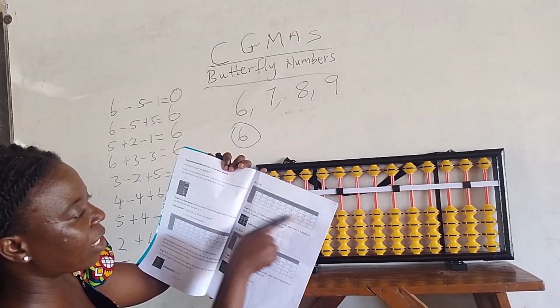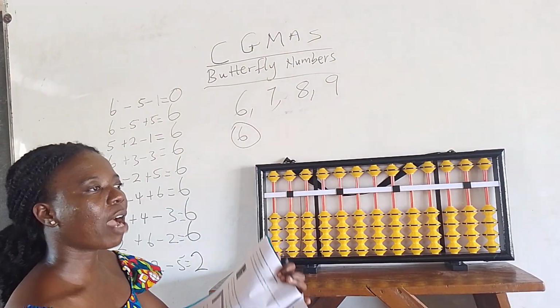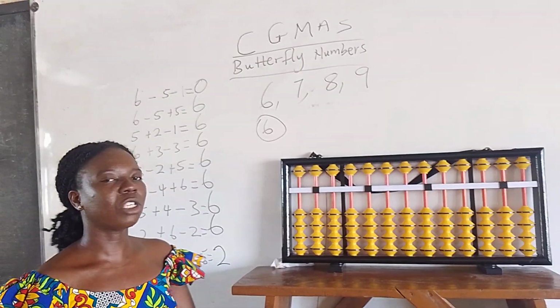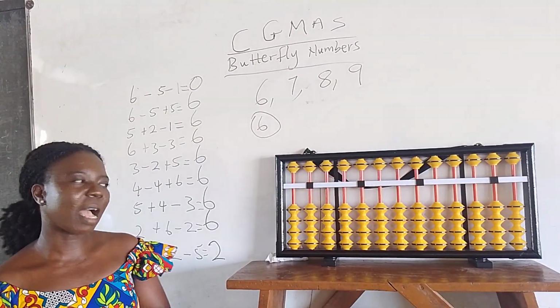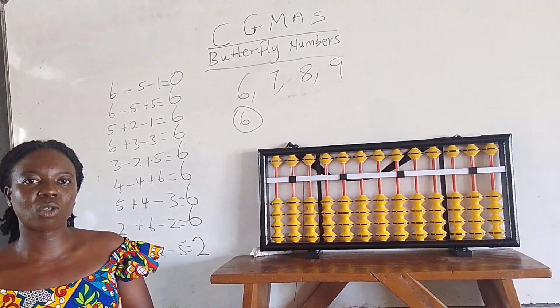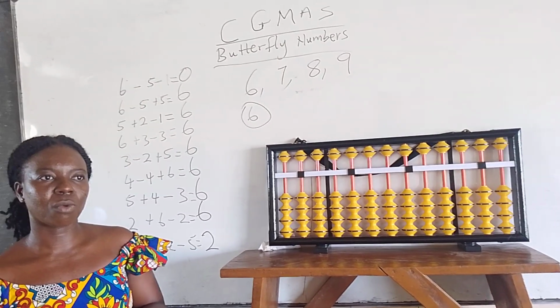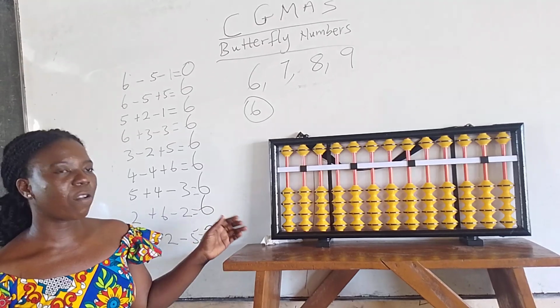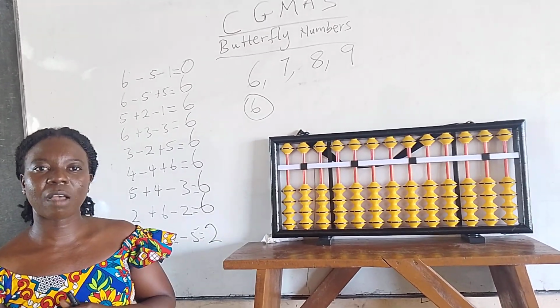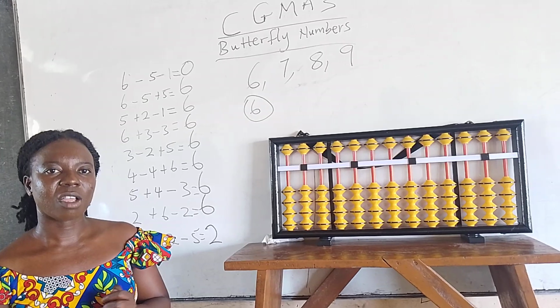So solve it in your booklet, practice, become perfect, and you will excel in your abacus class. Please apply what you are doing in the classroom. Your simple additions, let your thumb and your index finger help you. Okay? So once we are done, very soon we're moving to mental calculation. So please practice so that we don't suffer when we get to mental calculations.